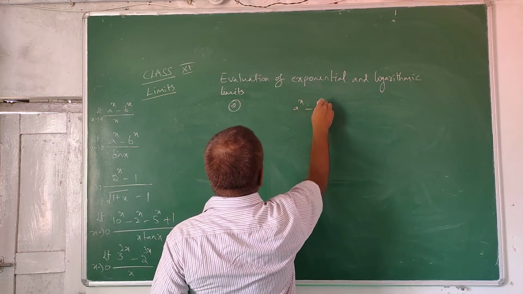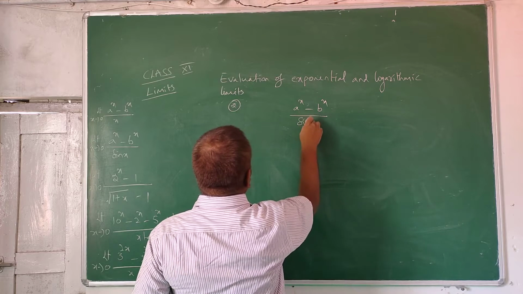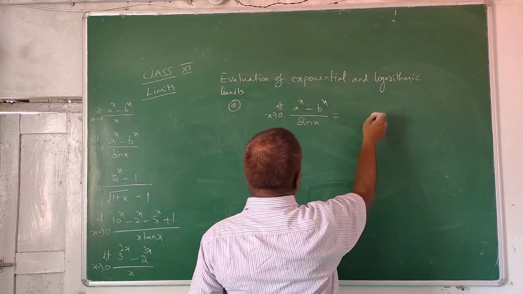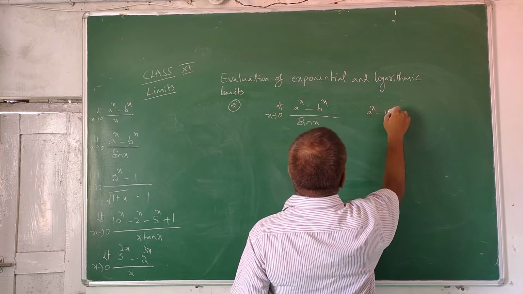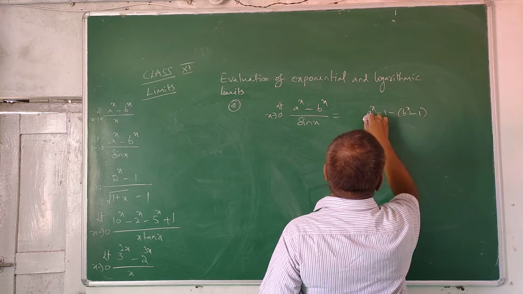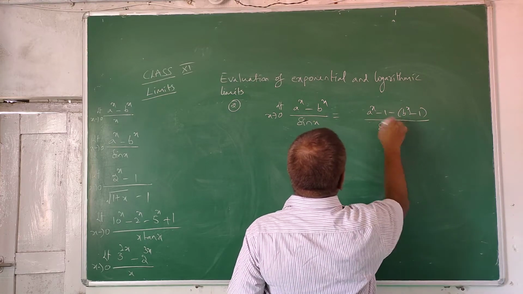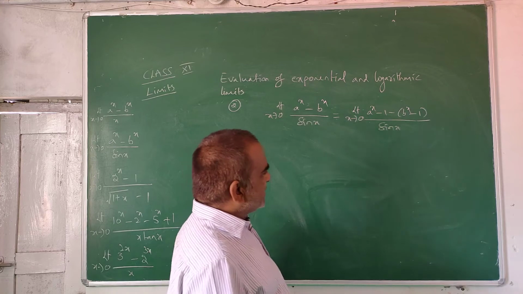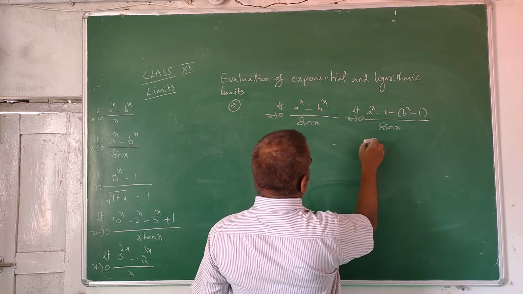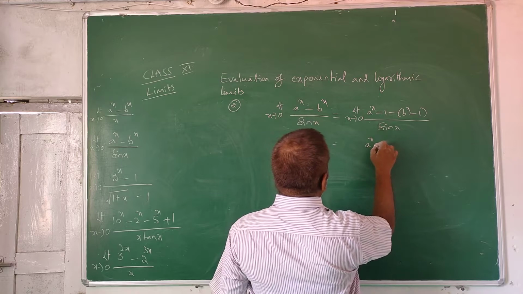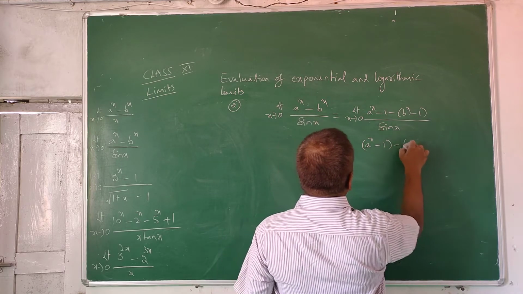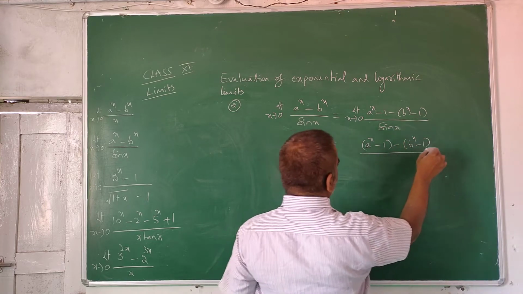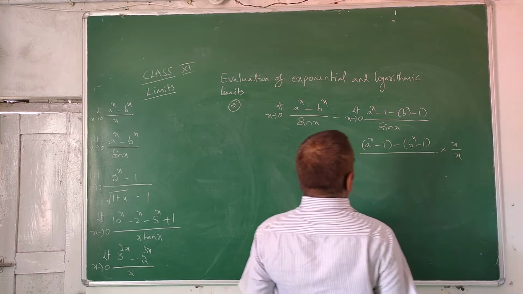a^x minus b^x by sin x, limit x tends to 0. So now you take a^x minus 1 minus (b^x minus 1) by sin x, limit x tends to 0. Same like the previous one, added and subtracted 1. So now you do one thing, you multiply and divide by x.